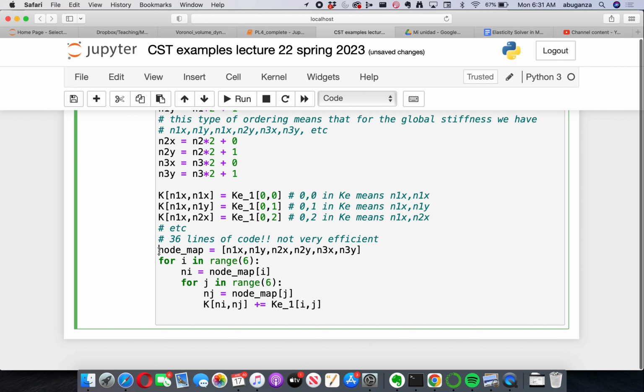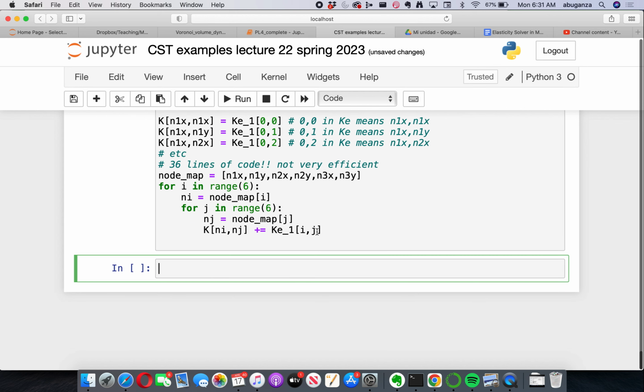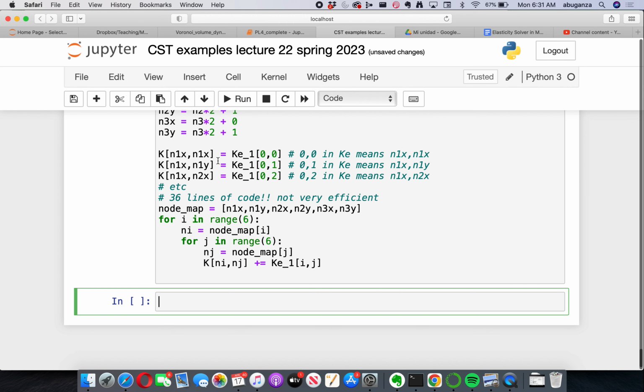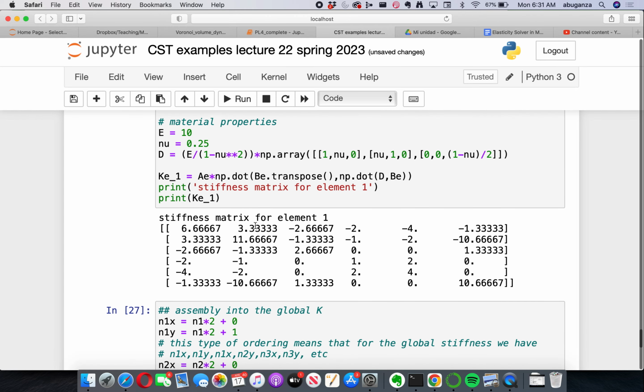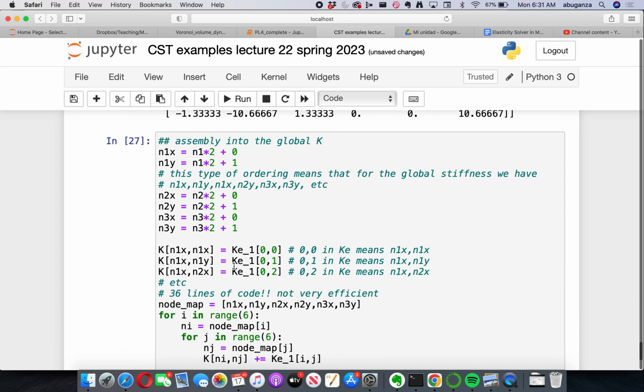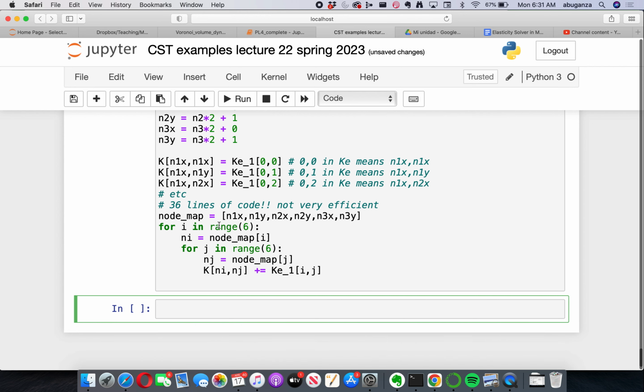So all I need to do is put this n1x, n1y in an array that I can just read from, 1, 2, 3, 4, 5, 6. So that is the assembly. Again, you can do it manually, entry by entry, but it's 36 lines because this is a 6 by 6 matrix. Not very efficient. So I would rather do it this way.